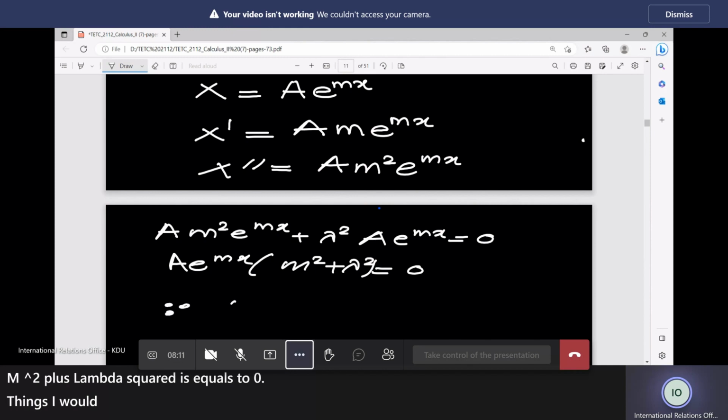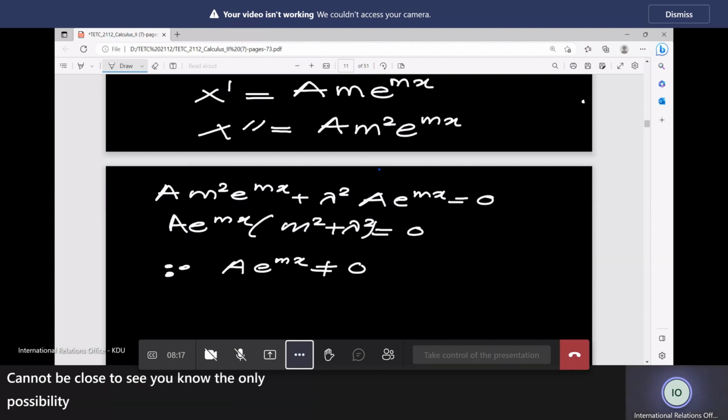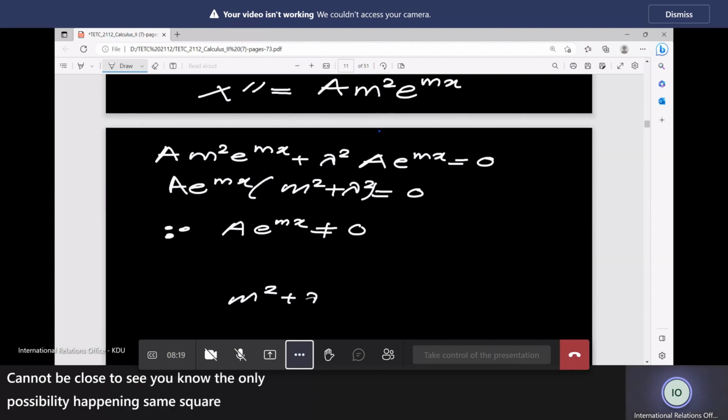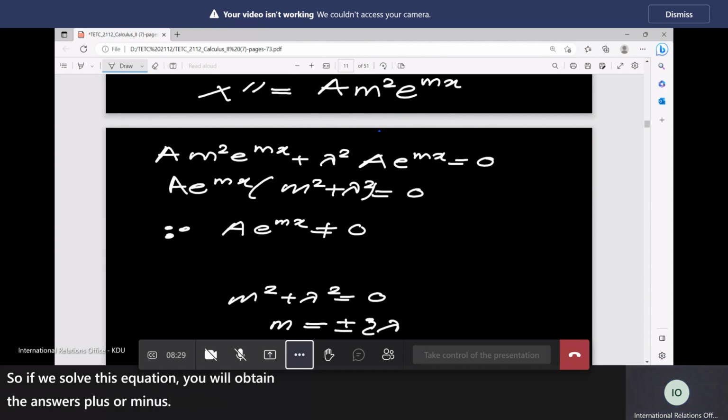Since our trial solution cannot be equals to 0, the only possibility to happen is m squared plus lambda squared is equals to 0. So if we solve this equation, you will obtain the answer as plus or minus I lambda. Here I is the complex number.